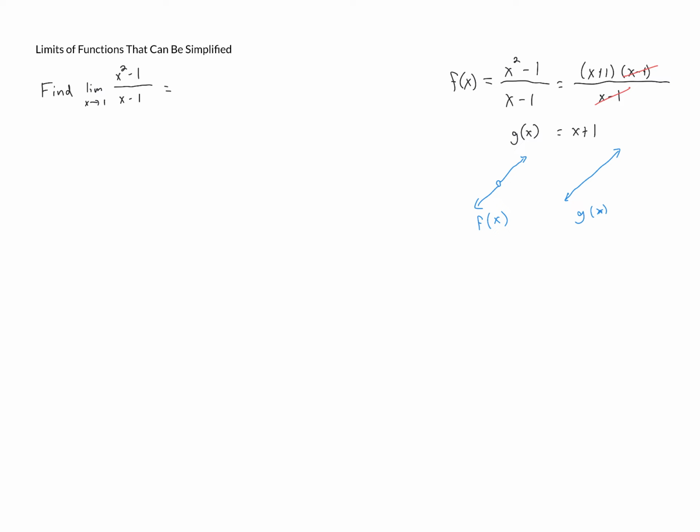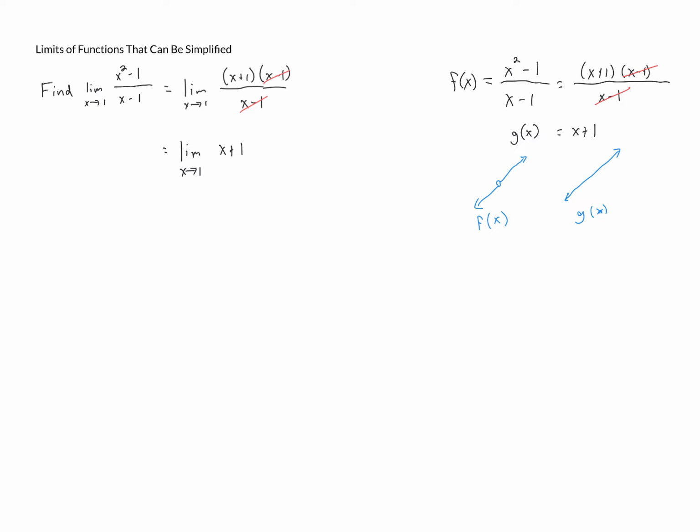So we can say that the original limit is the same as the limit of the factored version. And then we can cancel out those factors and say that that limit is equal to the limit as x approaches 1 of the simplified function x plus 1.